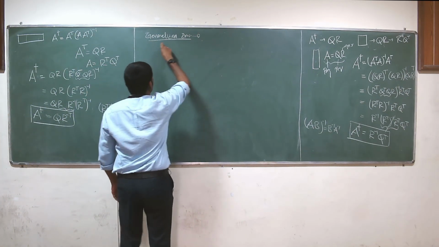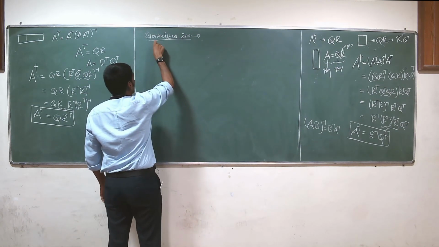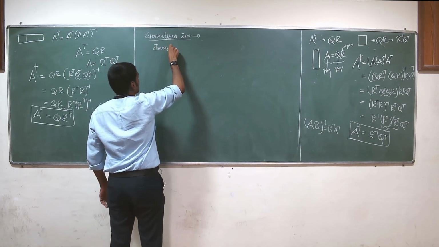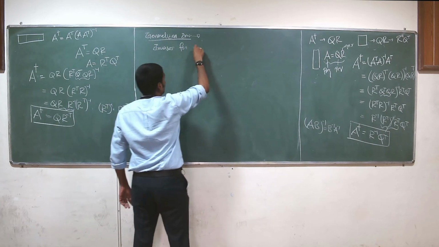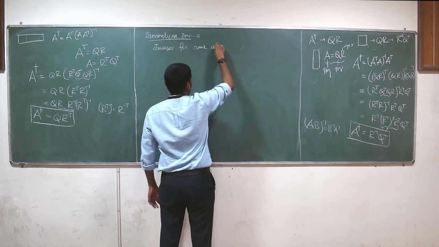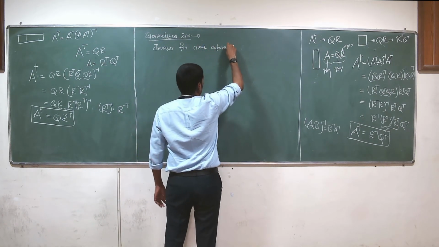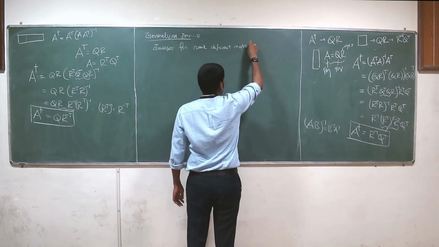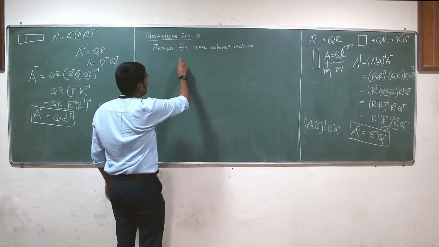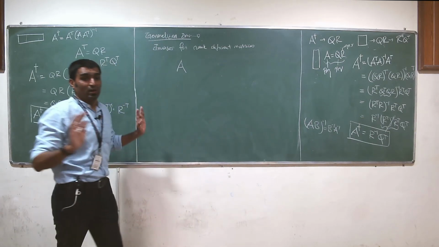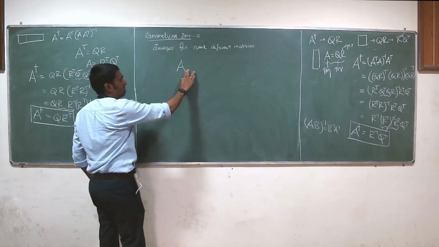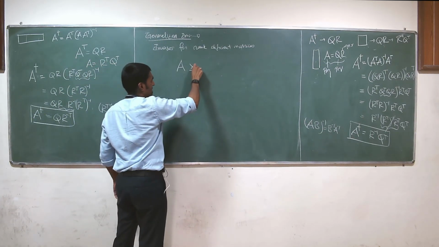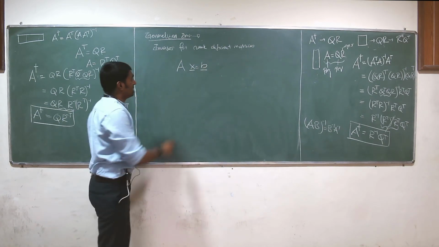That's generalized inverses. These are inverses for rank deficient matrices. Okay? It means we have A. Now it does not matter whether it's square or rectangular. All that matters is we have a system like this.